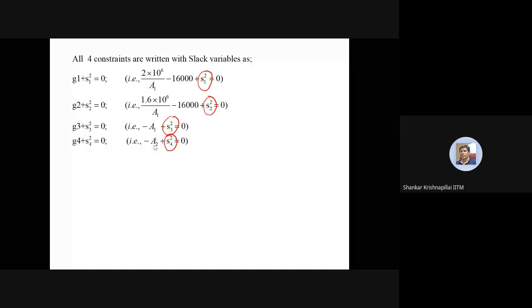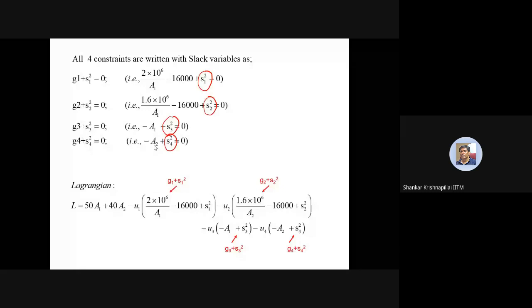So we write this Lagrangian equation. This is the objective function, that is 50A1 plus 40A2. This is the first constraint, this is the second constraint, third constraint, fourth constraint.